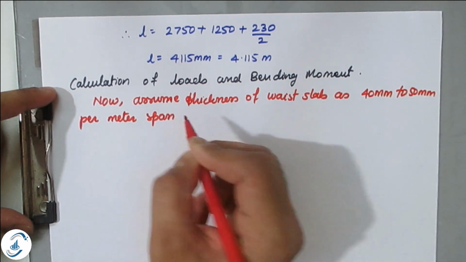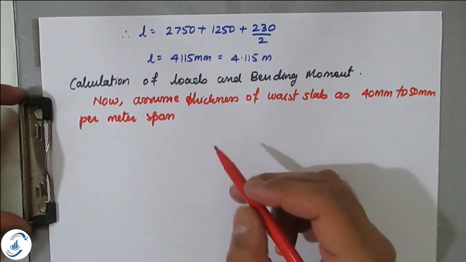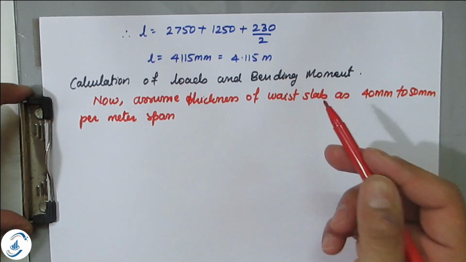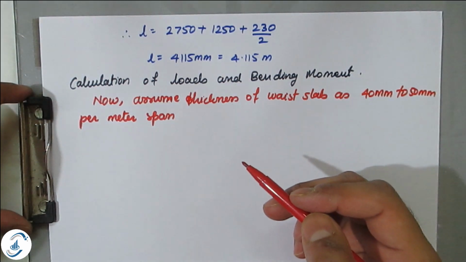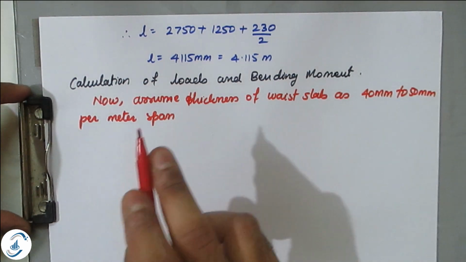This is very important while calculating the loads, because if you don't assume the thickness of waist slab, you cannot calculate the loads, and in turn it is very difficult to find out the bending moment. So the thumb rule says you have to assume between 40 to 50 mm per meter span.